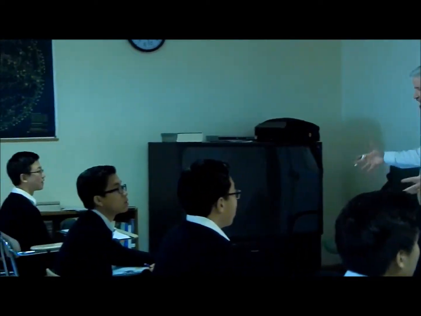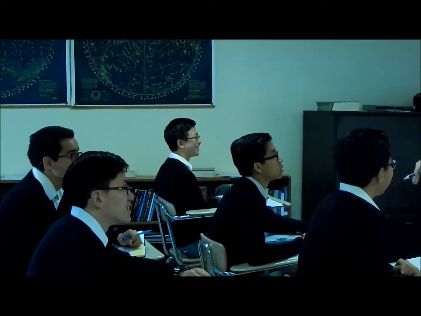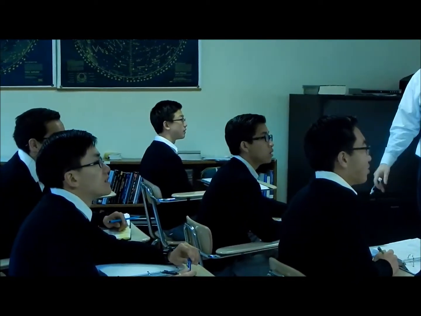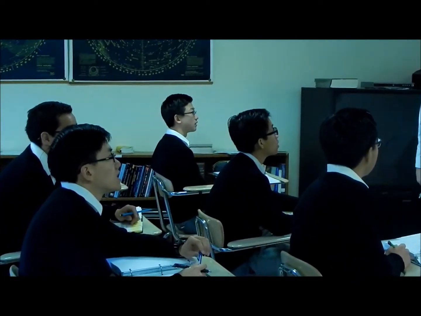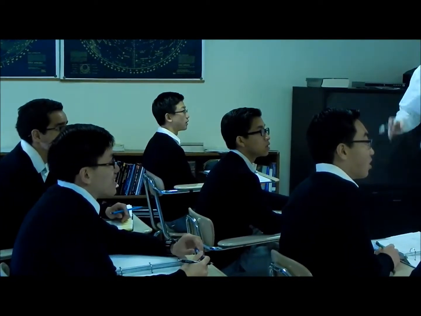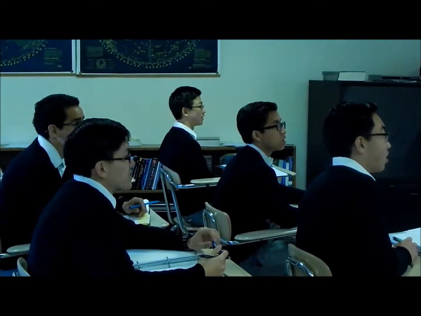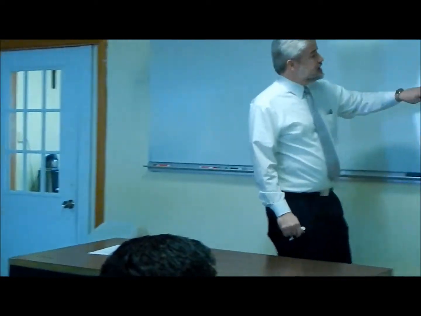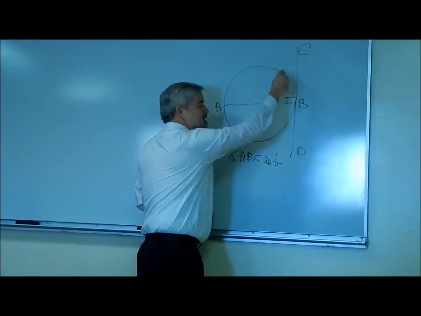Anybody? I want to see hands. Francis. CD is a tangent. There you go. CD is a tangent to the circle. So if this angle is right, then CD is going to be tangent.